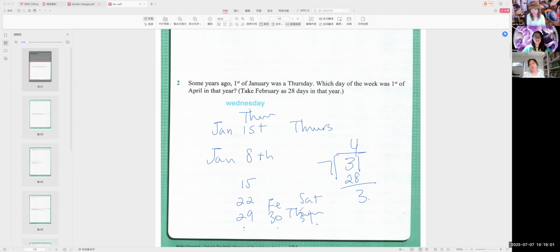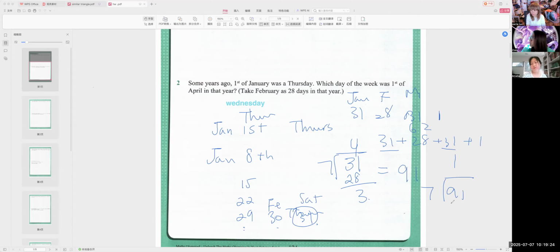Friday, and Saturday. Right? Now January has 31 days, February has 28 days, March again 31, so April 1st, the first day, so 31 plus 28 plus 31 plus 1 equals how many days? 91 days. All you need to do is 91 divided by 7.